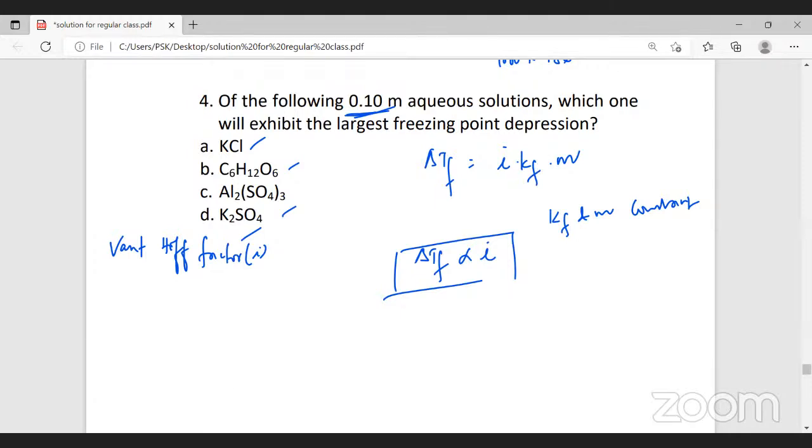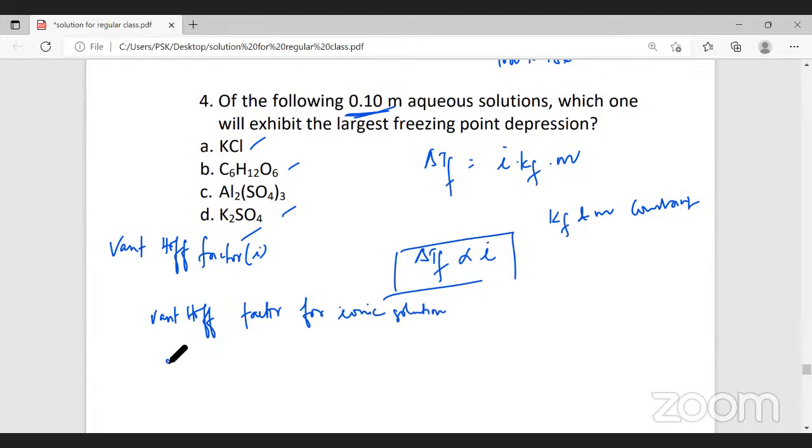So let us write the Van 't Hoff factor for ionic solutions.